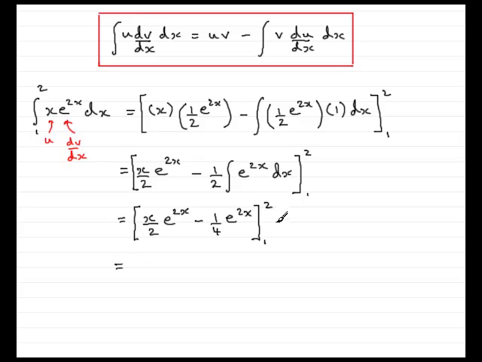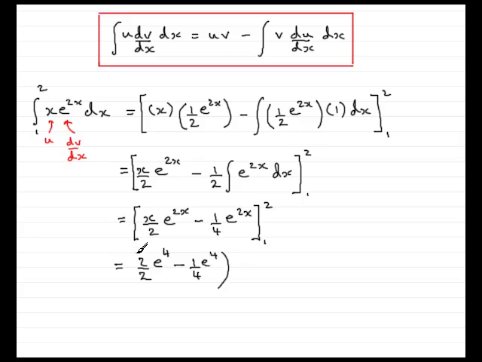Then when you have the limits we put the 2 through, and so if we put 2 through the first term we're going to have 2 over 2 e to the 2 times 2, which is e to the power 4. Then we have minus a quarter, and put the 2 in here, we have e to the power 4.